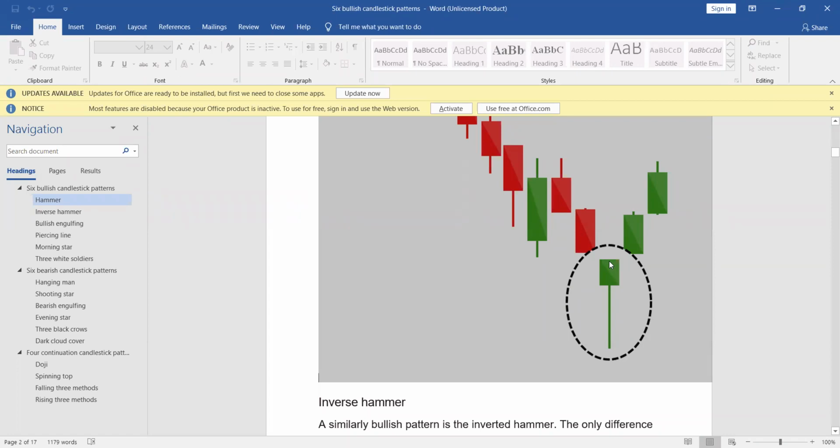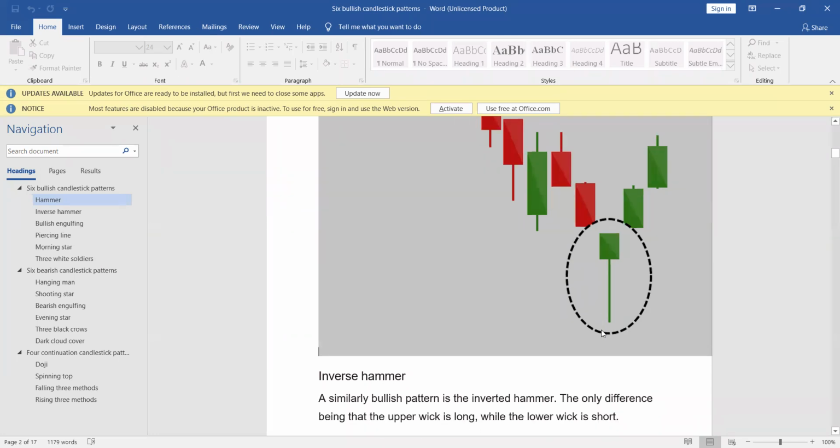Now, what does it tell us? It tells us that the people who are powerful in the market are actually the bulls. Now, that is a hammer. And when you find this on a support zone, or maybe on any zone of value, especially a support zone, you know that you're going in for a buy.